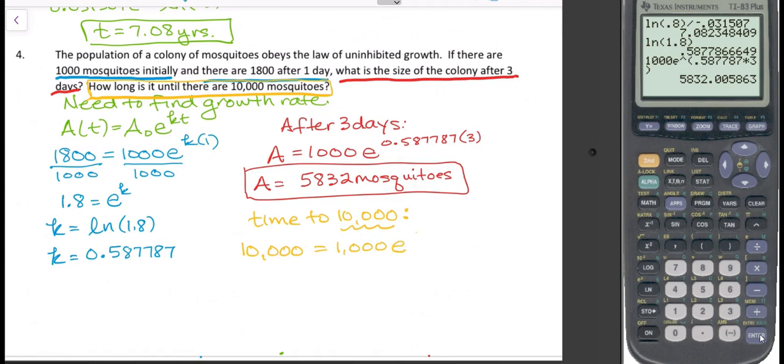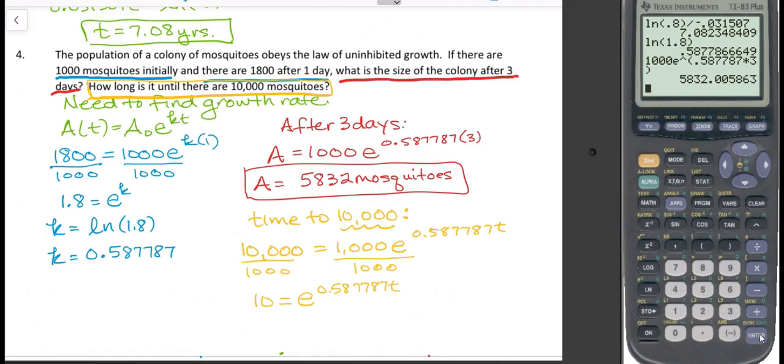My k is still the same, 0.587787, only this time I'm looking to figure out what t is. I'm going to divide out this 1,000 first on both sides, which leaves me 10, and then my e with its exponent, and now I'm ready to write it as a logarithm.